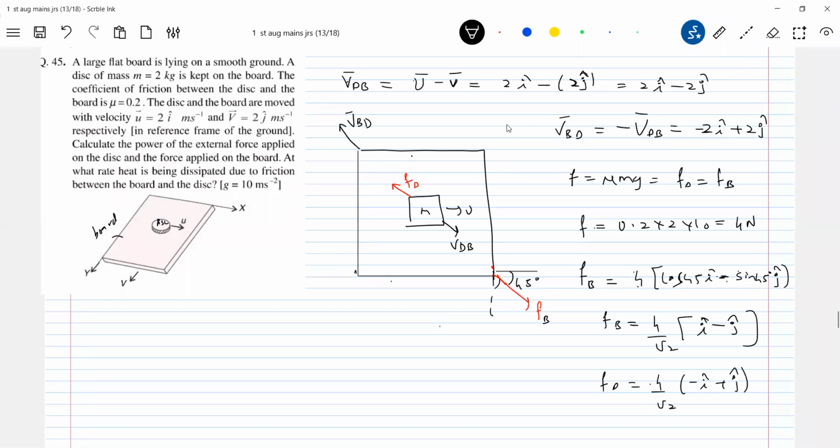Who will move like this? The board and the disk, with the external agent, no? And what should be the external force on the disk?